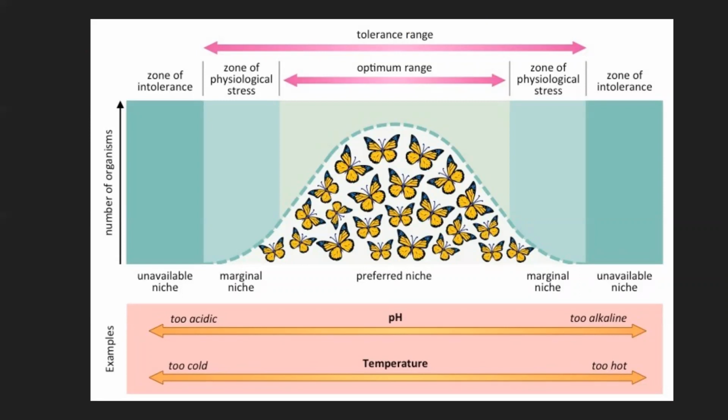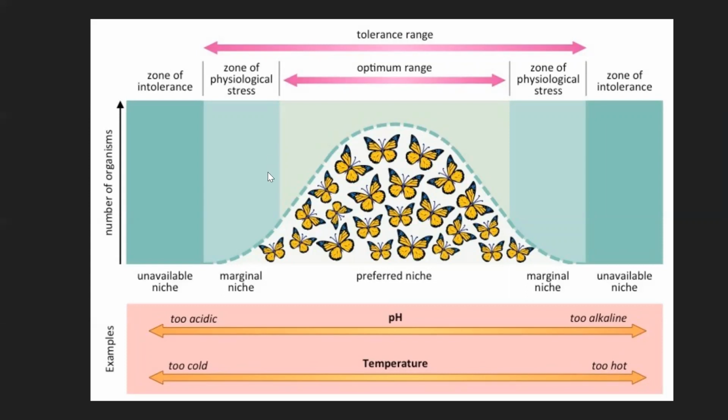Here we see this nice little bell curve graph. And it looks very complicated, but I'll explain it to you right now. This top pink line, from here to here on the graph, is where an organism can survive in whatever environment, but in this example, they're using butterflies.